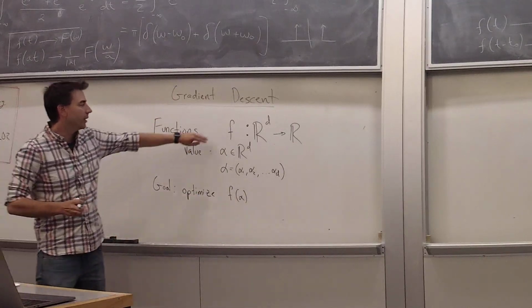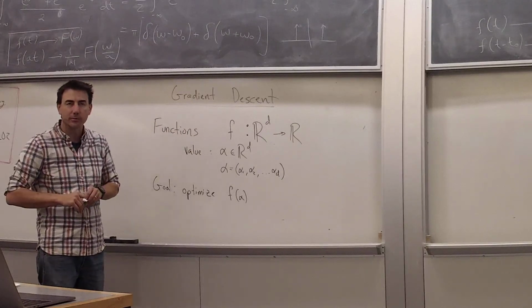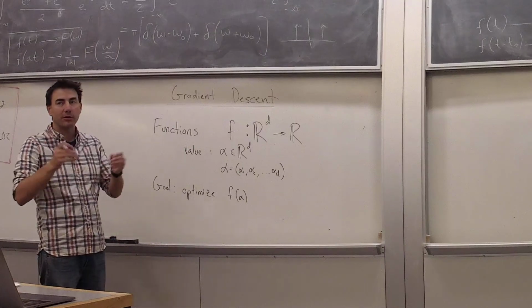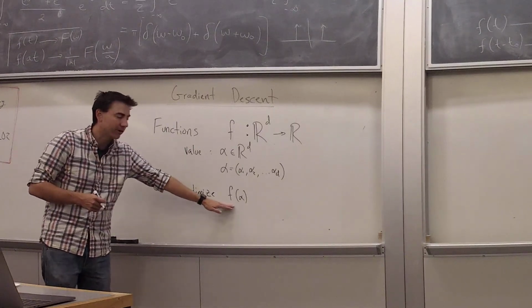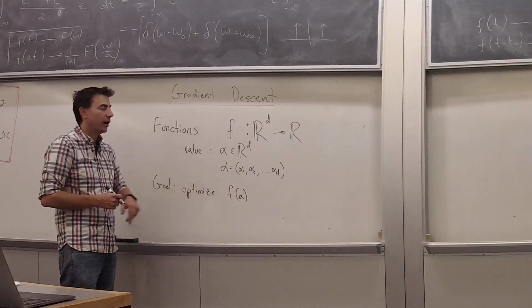So f will be determined by some data we have. In general, we'll write down some example functions in class today, but we'll see how it will be determined by data. We want to optimize this function, and the optimum value is going to be the model we choose.